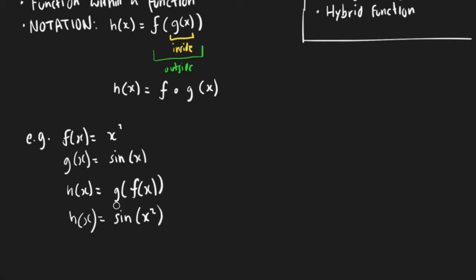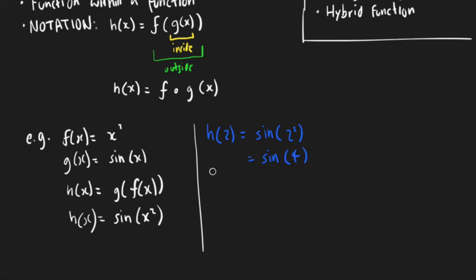Now you can treat it just like you would any other function. If you want to find, for example, let's say you're asked to find h of 2. Well, just sub that in. Sub in sine of 2 squared, which is equal to sine of 4, which I don't know off the top of my head, but if you're talking about degrees, it will be some decimal.